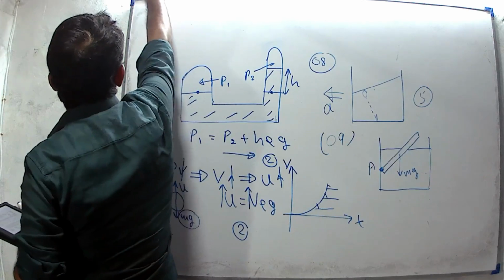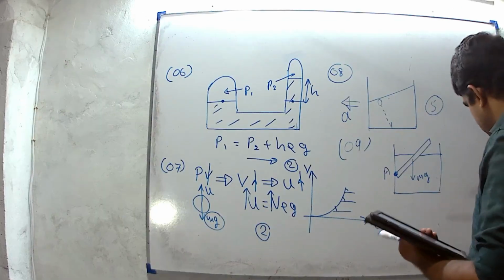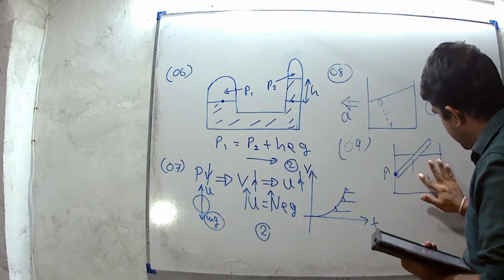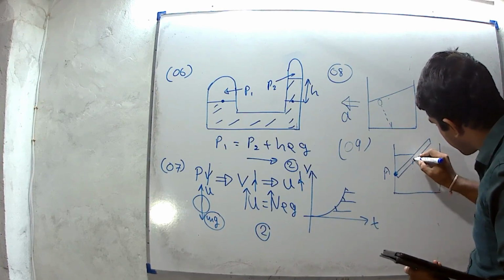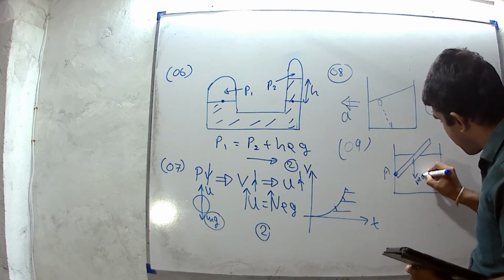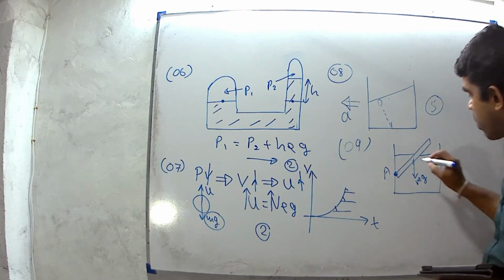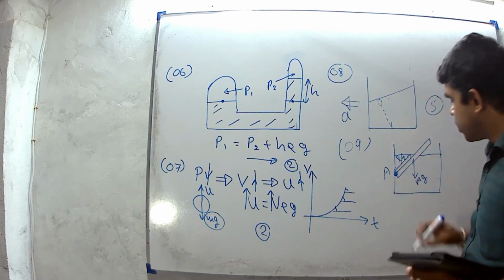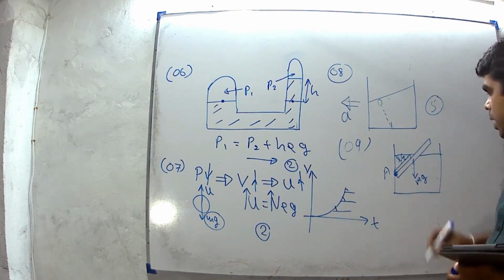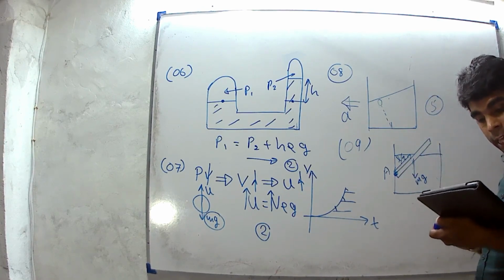It is the weight of the rod. It acts at the midpoint because it is a uniform rod. Then the distance is L over 2. Total length is L.